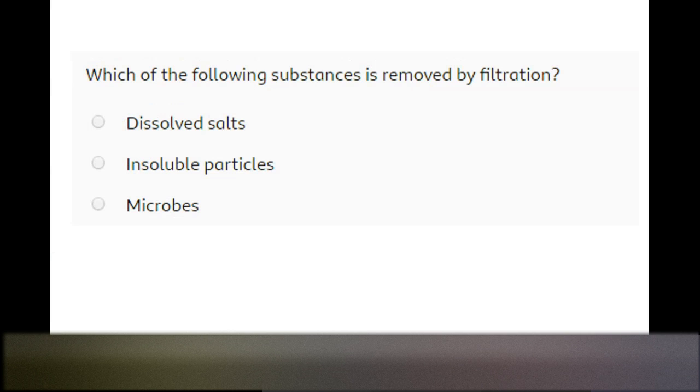Which of the following substances is removed by filtration? So when we are trying to produce potable water from reservoirs, lakes, etc., which of the following substances is removed by filtration?